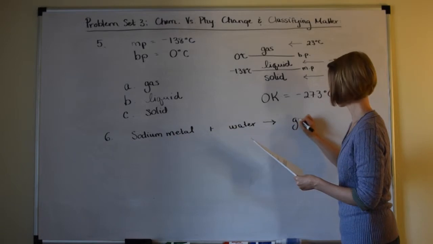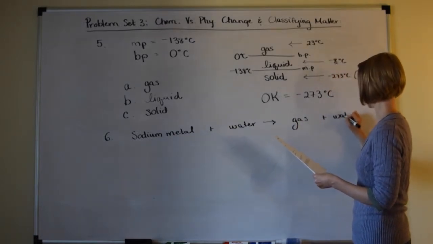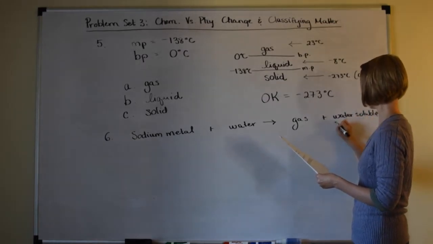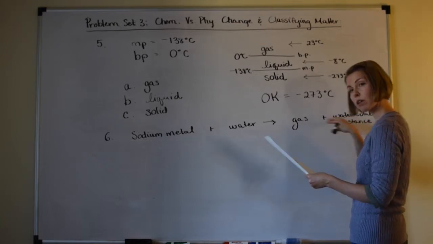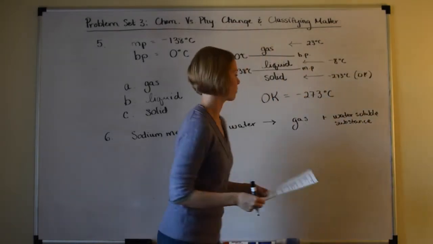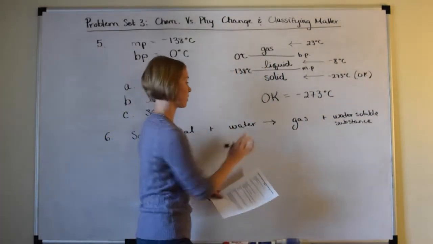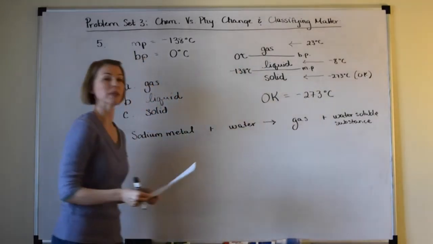One is a gas, and one is that water-soluble, running out of room here, substance. Okay, it doesn't tell us exactly what they are, so we can't write these 2 products out in their chemical formulas or even write out their names, but getting an idea here of the reaction.